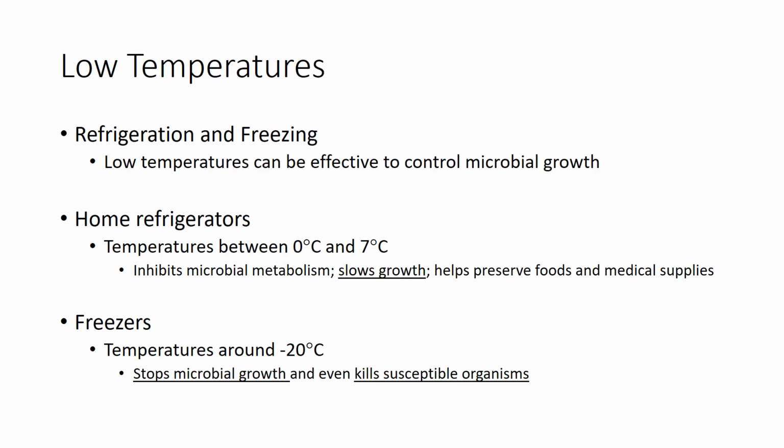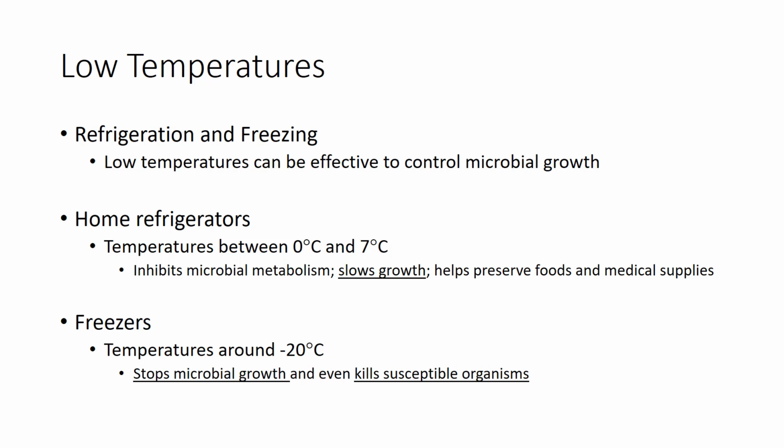That's why your ice cubes are made in the freezer, because water freezes. This will stop microbes from growing, and it will even kill some susceptible microbes. But generally, if it does kill them, it's because the water crystals have poked a hole through the cell membrane and disrupted the cells. But the majority of microbes will not be killed by that low temperature.